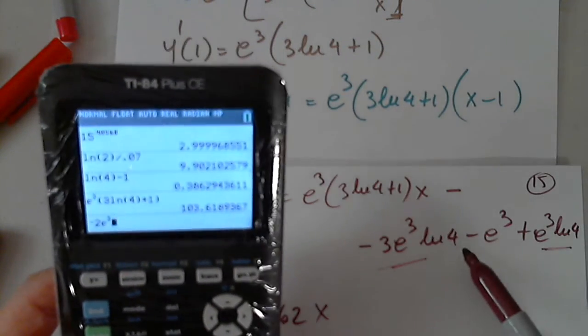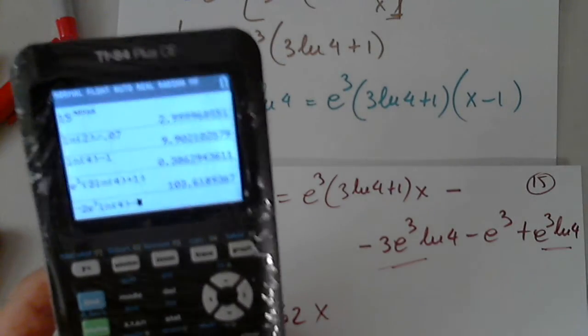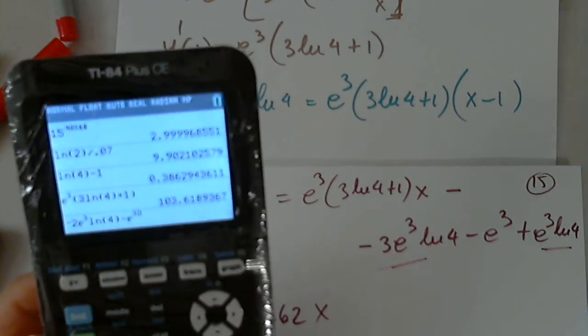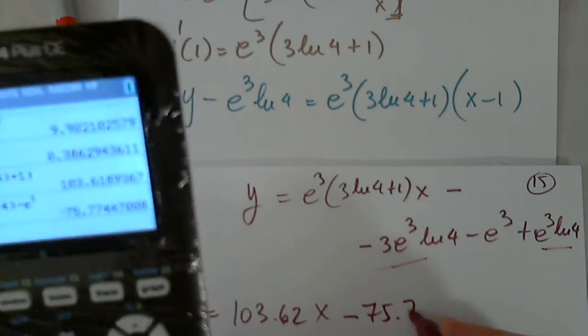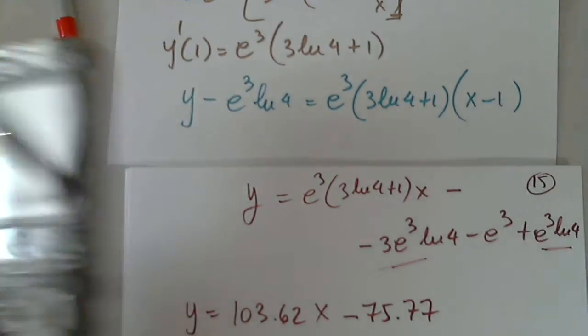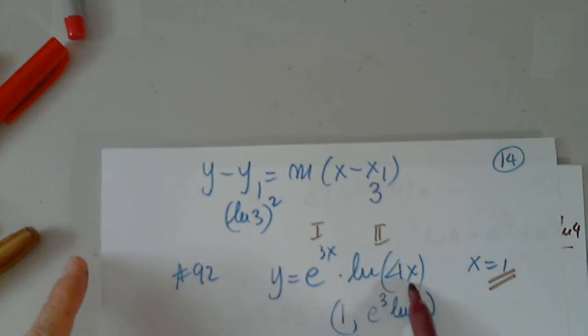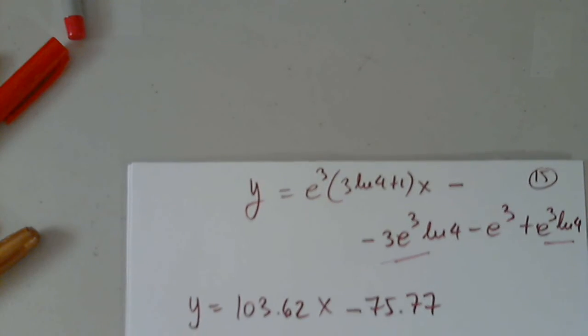Negative 2 e to the third natural log 4, and then minus e to the third. Minus 75.77. So this is the equation of the tangent line to the graph of this at this point.